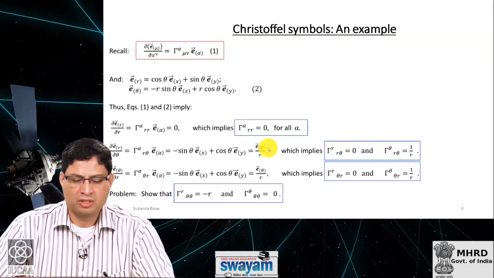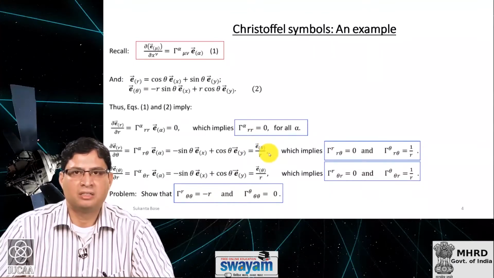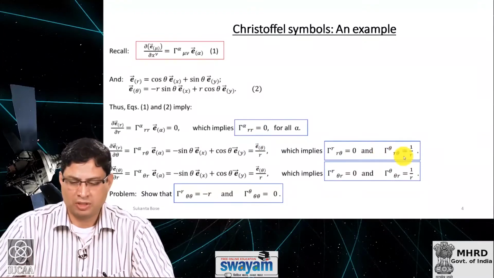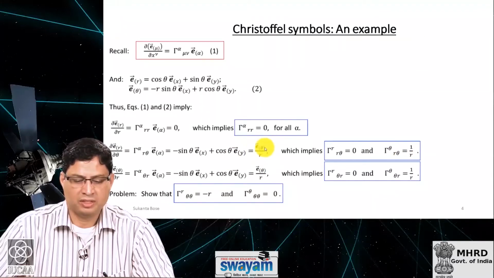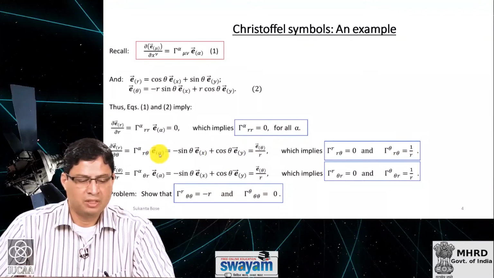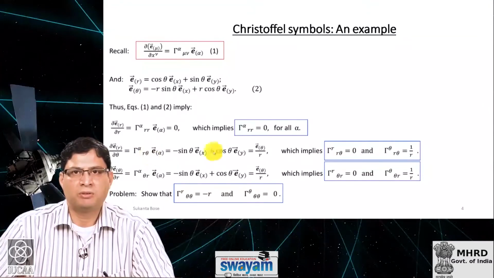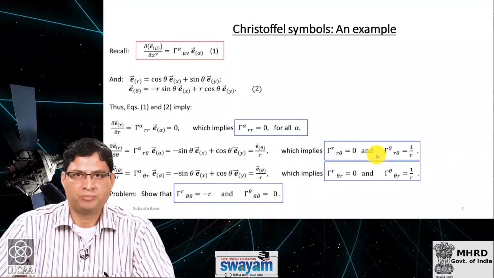That is because the coefficient of Er here is 0. On the other hand, gamma theta r theta is 1 over r, and that is because 1 over r is the coefficient of E theta, which must be multiplied with gamma theta r theta. So this is how we figure out two other Christoffel symbol components.